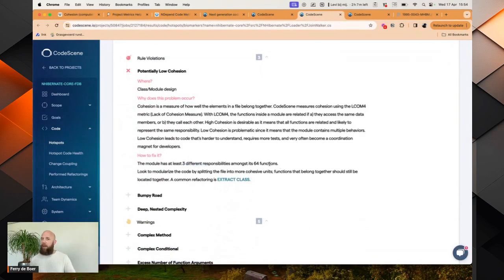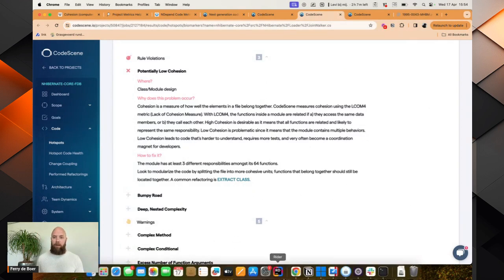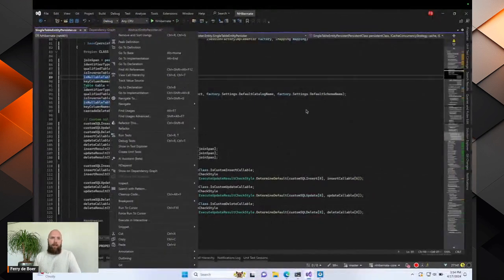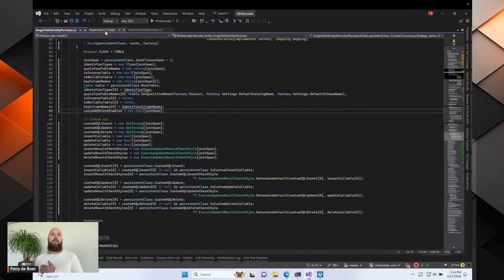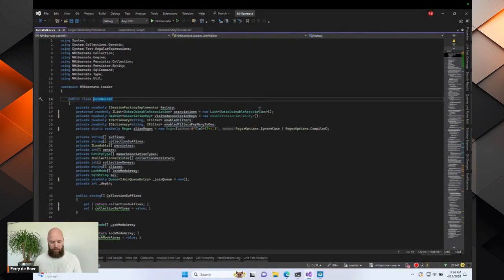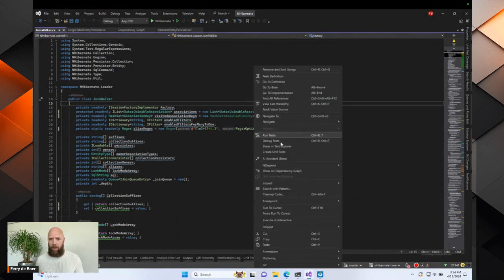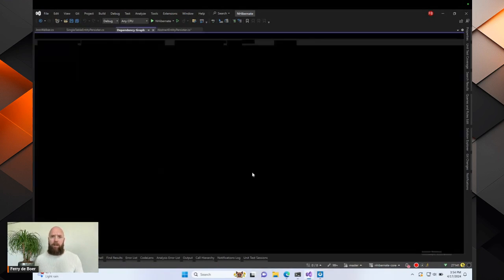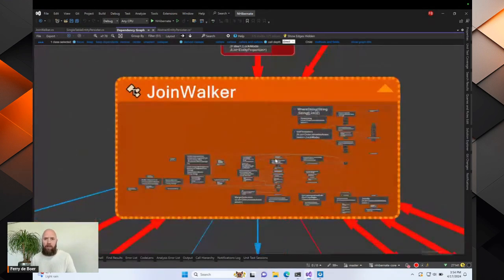If we look at the graphs of these classes, we would expect separate graphs. Let's take a look in NDepend, because that's where it is good at visualizing these graphs. If we look at the join walker, I'd like to see this on the dependency graph.